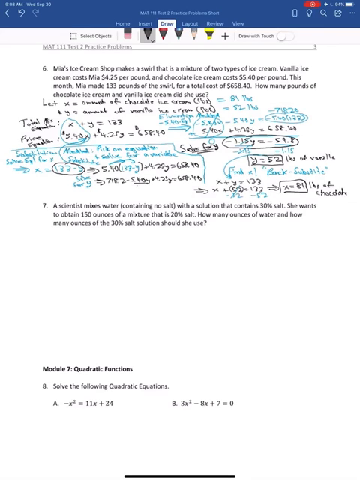And then we've got some like terms, so we can add those together. Negative 5.4 plus 4.25, so that's negative 1.15y. So 718.2 minus 1.15y, as we combine the like terms, equals 658.40.